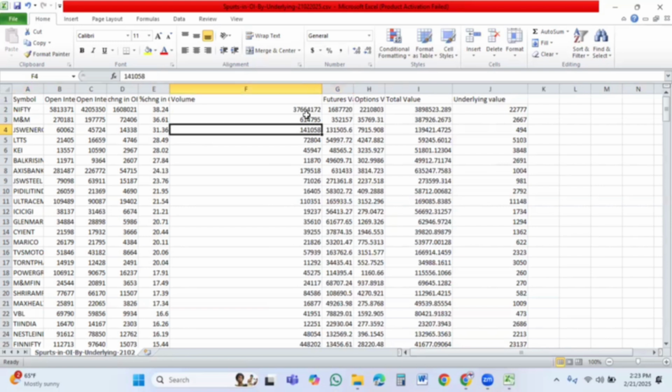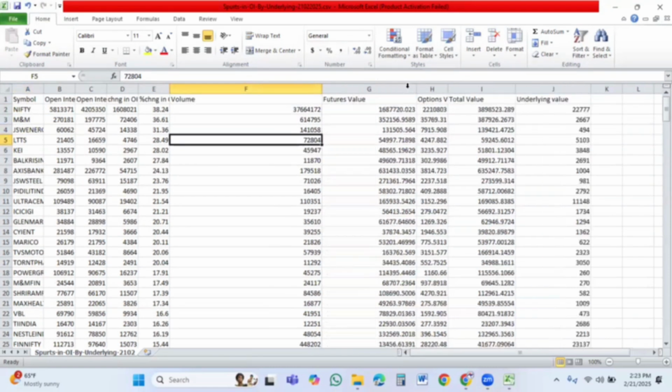So have a look at the volume ratio, and you will be able to know whether to deal in that stock or not. For example, Balkrishna has got very low volume, but if you go into JSW Energy, you will see a lot of volume there. You can even go into the futures value, and that will also give you a good understanding of how active the stock is.